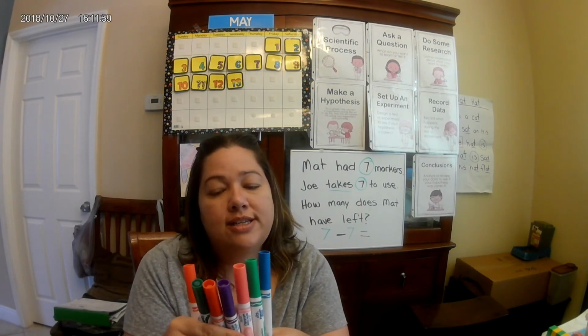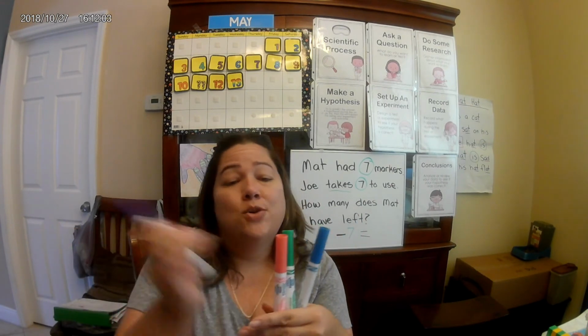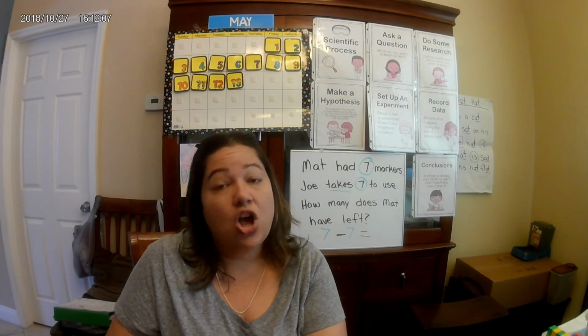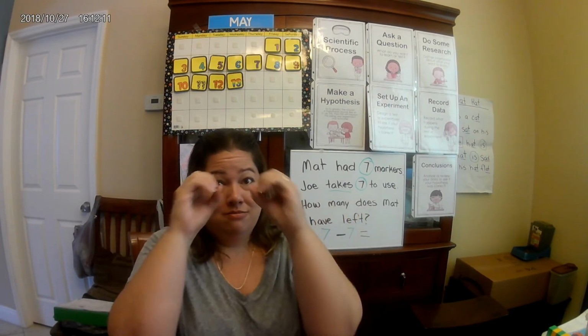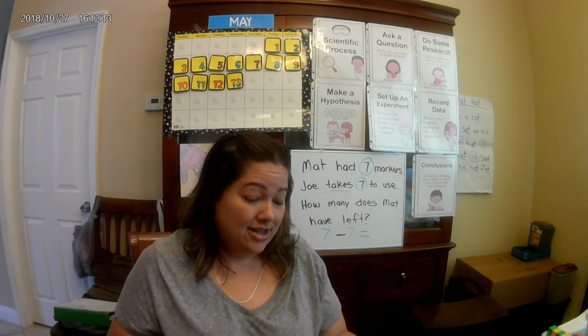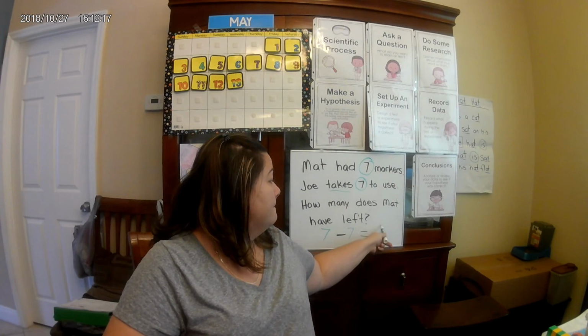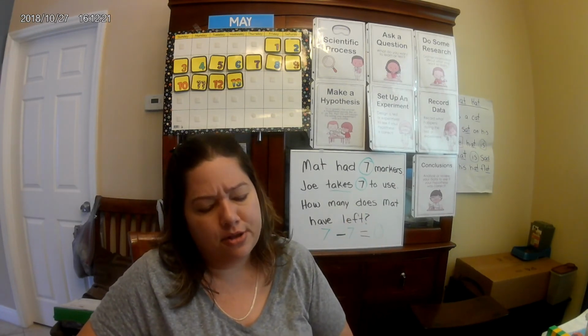So he's going to take, ready? 1, 2, 3, 4, 5, 6, and 7. He just took all of my markers. How many markers do I have left? I have 0 left. So I need to add a 0 here because I have 0 markers left because he took them all. Hopefully he will return them.